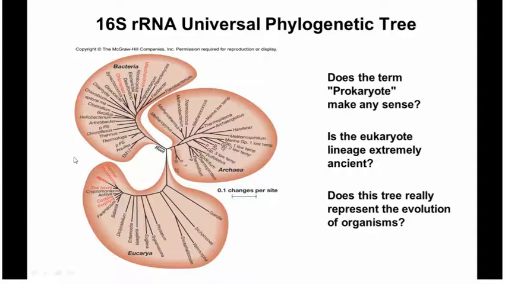So if this is a real, accurate representation of the history of life on the planet, then it's got some quite important consequences. One of them is, does it make any sense to talk about prokaryotes? Because prokaryotes are what? It's archaebacteria and eubacteria.